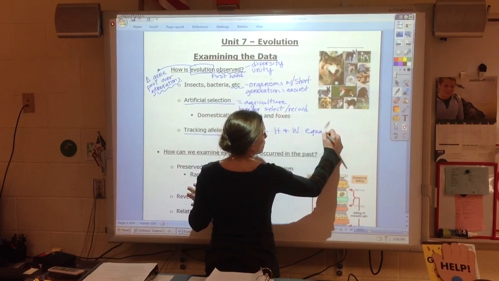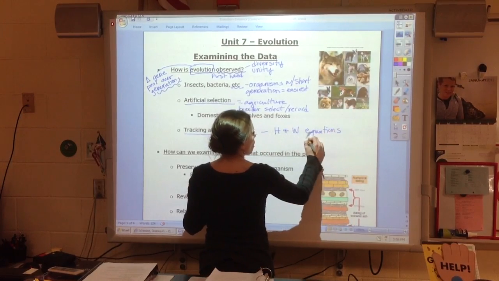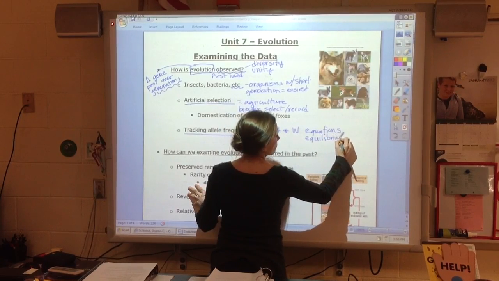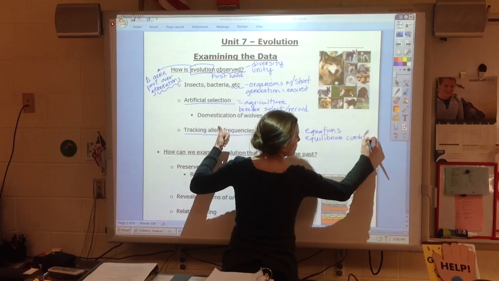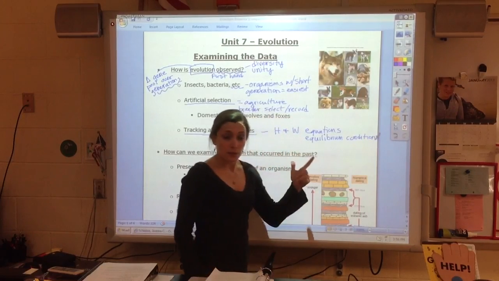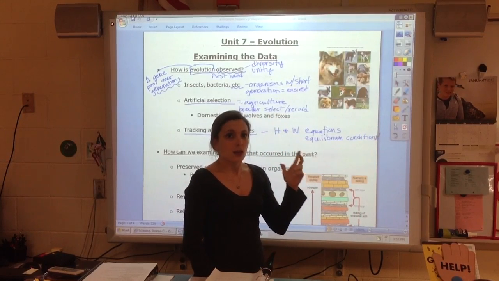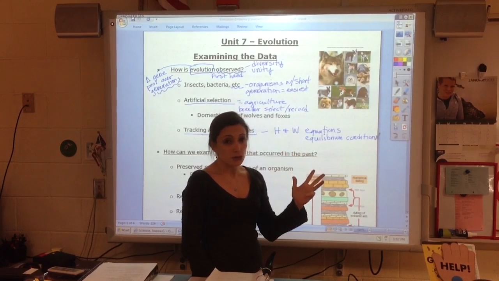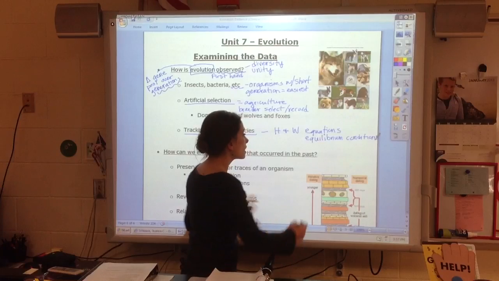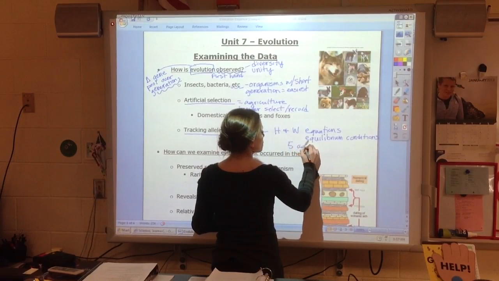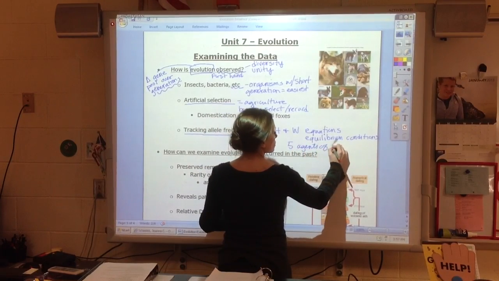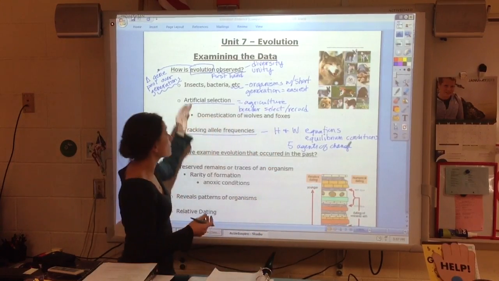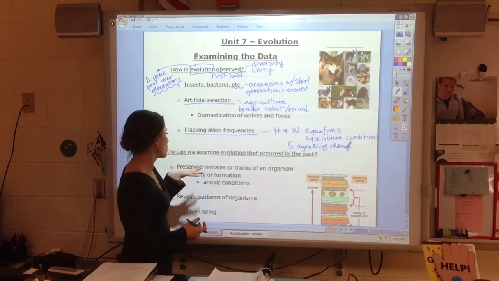The Hardy-Weinberg equations, the Hardy-Weinberg equilibrium conditions, meaning large population size, random mating, no gene input, no natural selection, those sort of principles. And then we also have the 5 agents of change. And so these are all going to help us kind of track allele frequencies and therefore see evolution.